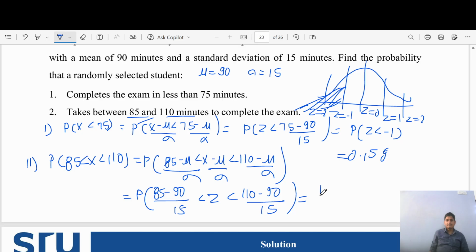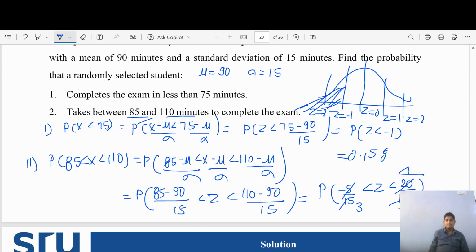So this becomes minus 5 upon 15, and 20 upon 15. So we solve this: minus 0.33 and 1.33.